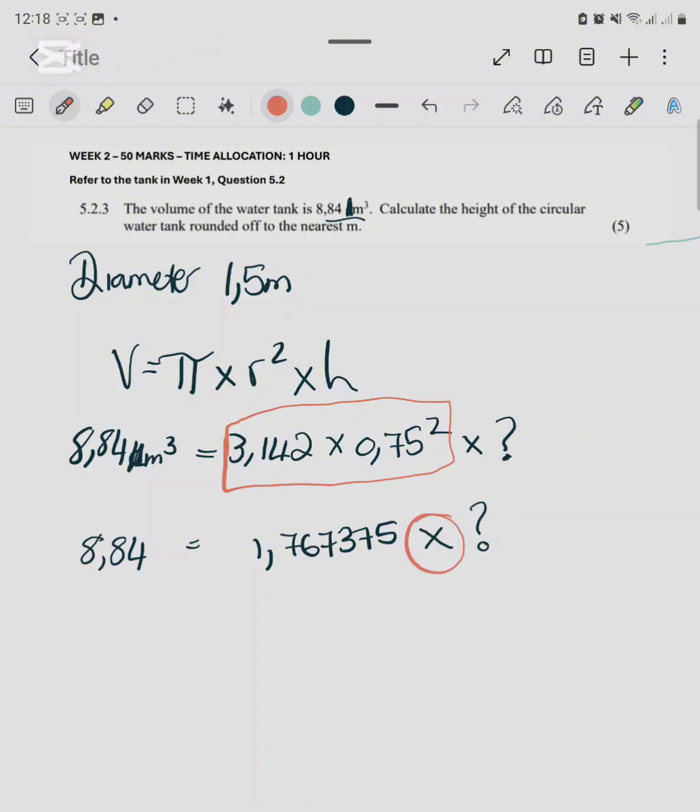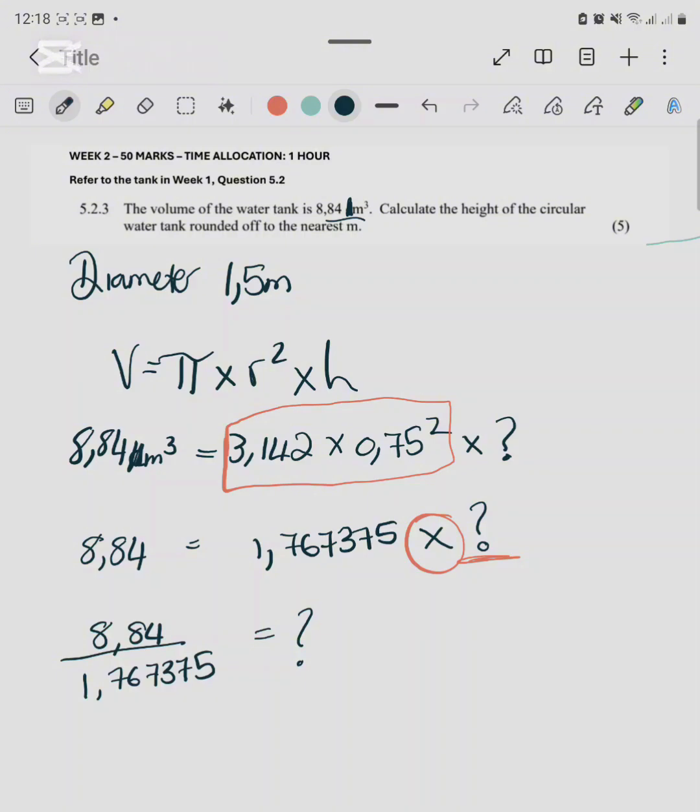If this is multiplication that's happening, to find the missing value, I need to do the opposite. I need to divide. So I'm going to say, therefore, 8,84 divided by 1,767,375 should leave me with my answer.